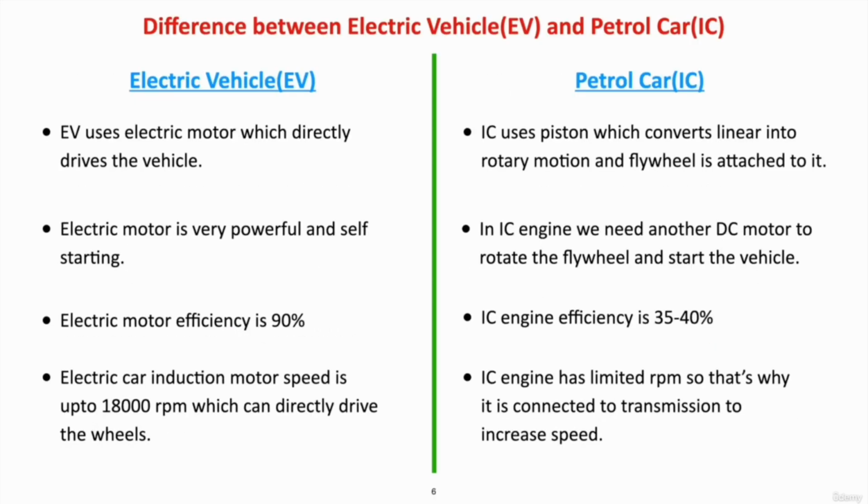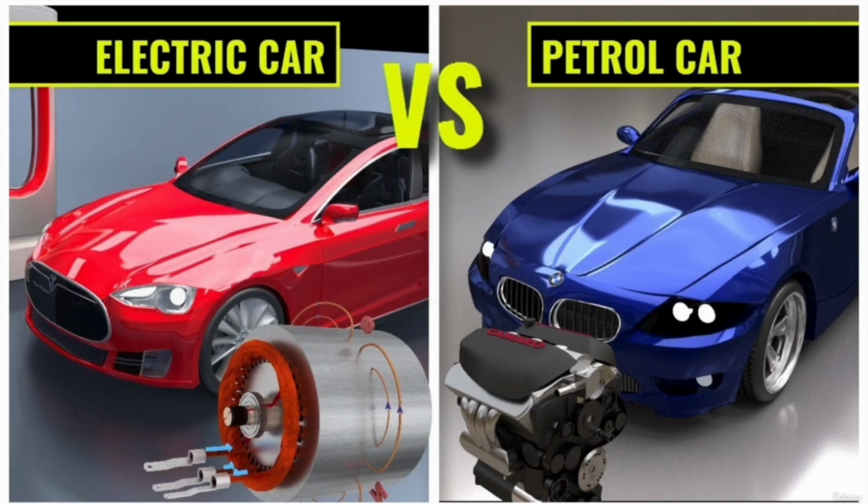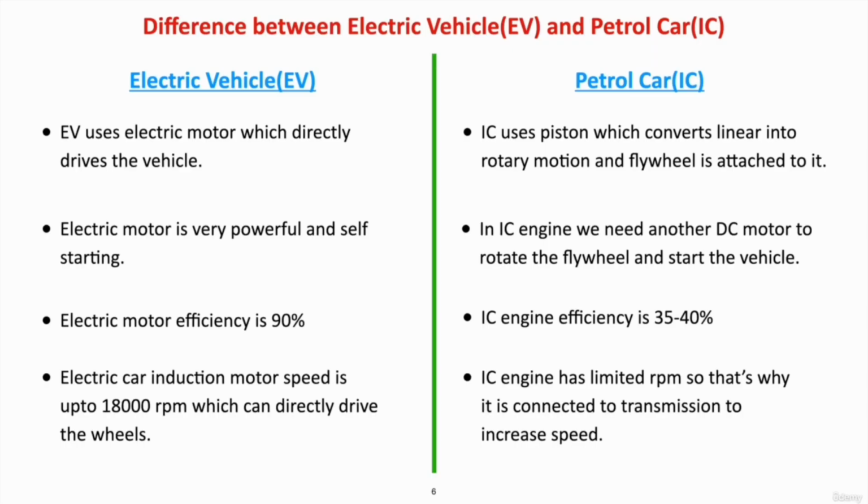In short, you can have this understanding: an electric vehicle has a motor and a petrol car has an IC engine. Efficiency is very low in petrol engine, at 35 to 40%, because energy is lost in the conversion of motion and in the transfer of power or energy. Whereas in electric motor the efficiency is 90% because there is no energy loss.